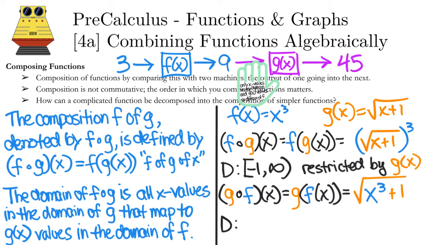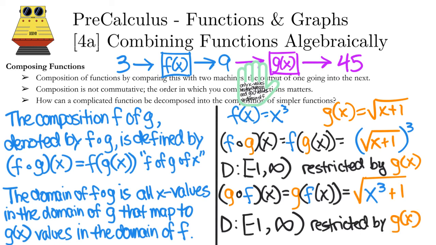Since the smallest output that f can send to g is -1, we need to find out what input corresponds with that output. So what do we raise to the third power to get to -1? Well, that's -1. So therefore, -1 is the smallest x value that could be input into this composition. Therefore, the domain is [-1, infinity), inclusive of -1.